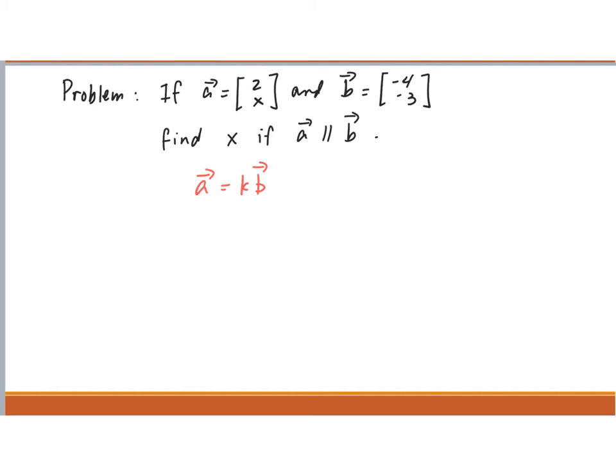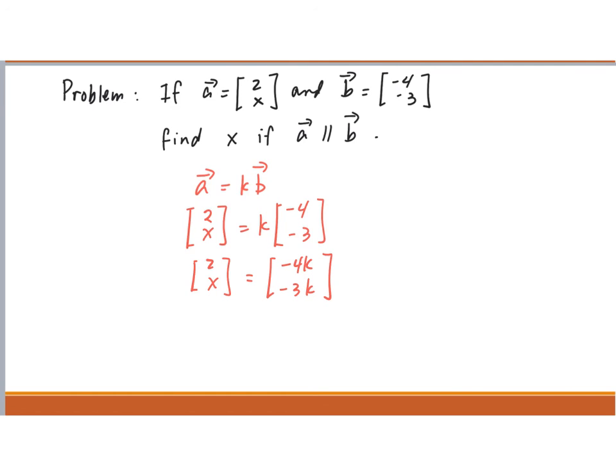It doesn't matter which one you use. So if we use this, it means that 2, x is equal to, we don't know what k is, we will figure it out from the given information. So now you could write the right-hand side as negative 4k, negative 3k.